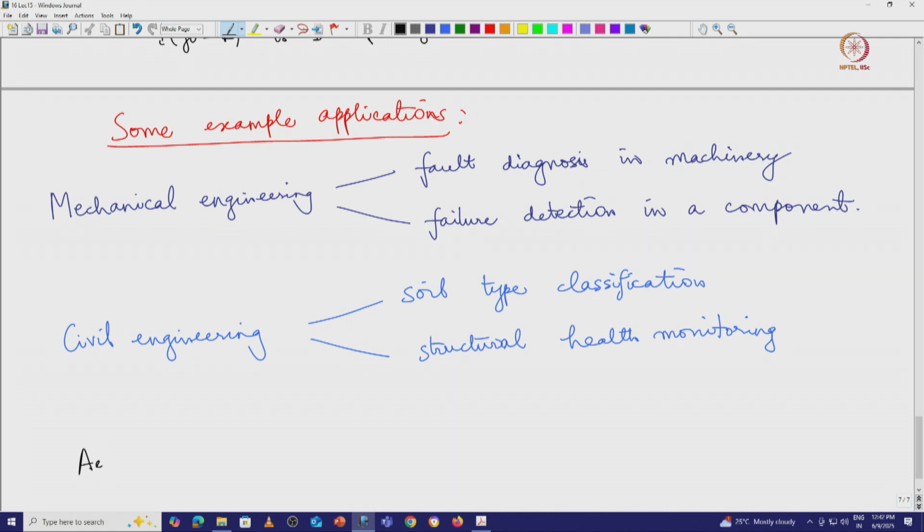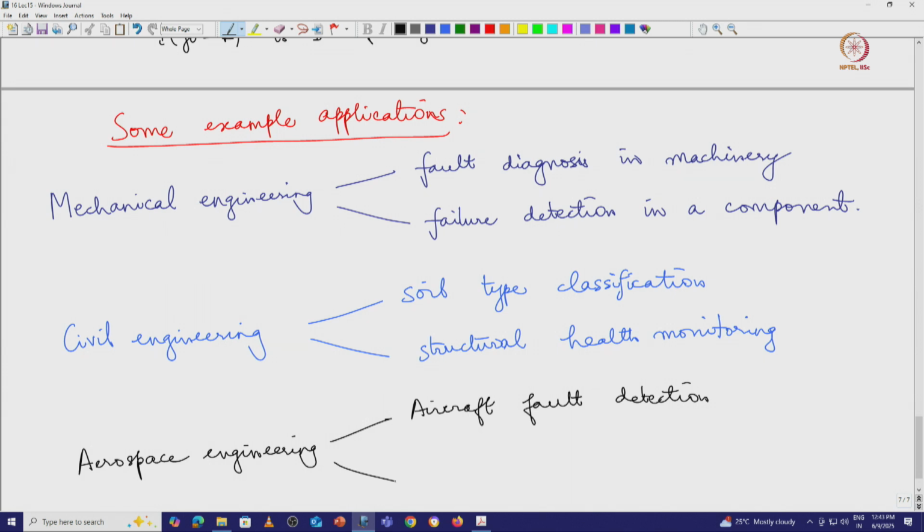In aerospace engineering, things could be slightly different. You may want to detect a fault in an aircraft. There are so many lights in a cockpit that tell us what is working properly, what is not.